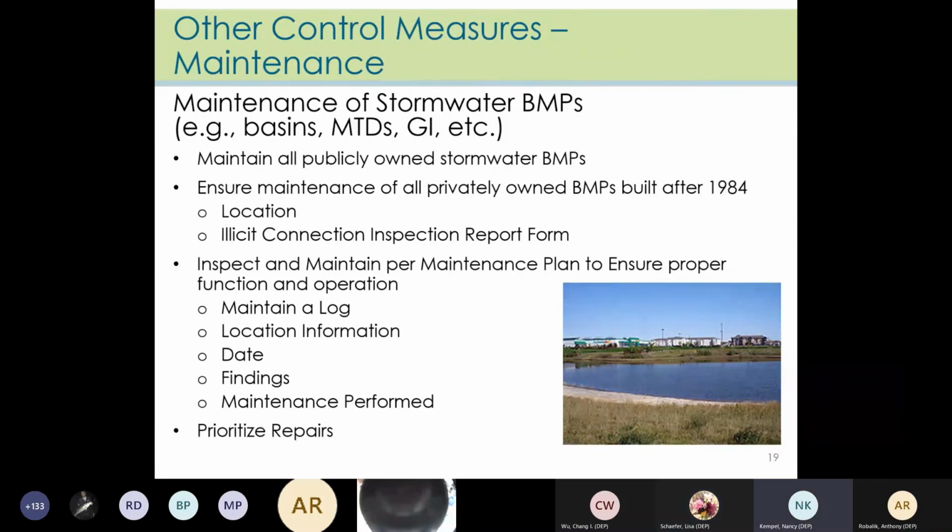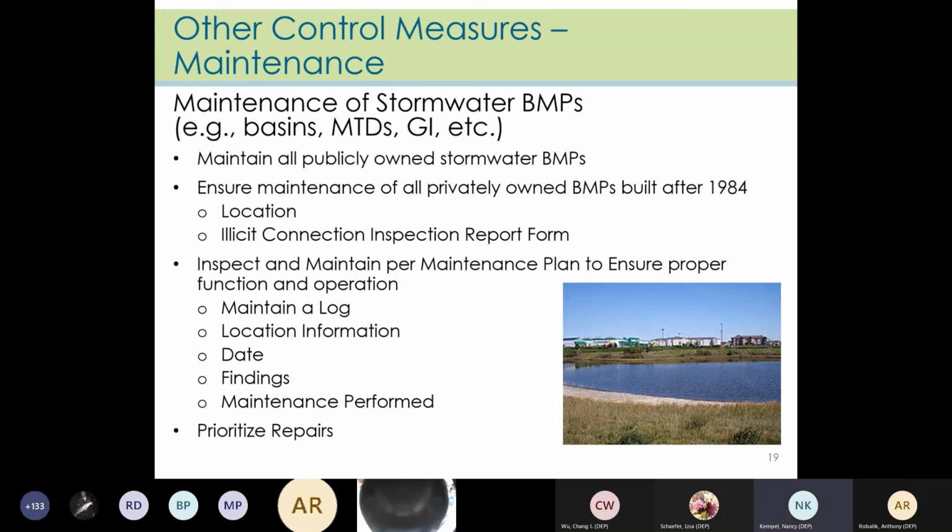There are other maintenance requirements, and this is a very big issue that we have found as we've gone through and done the audits at a couple dozen locations around the state. The lack of maintenance at many stormwater facilities is contributing to their poor functioning.